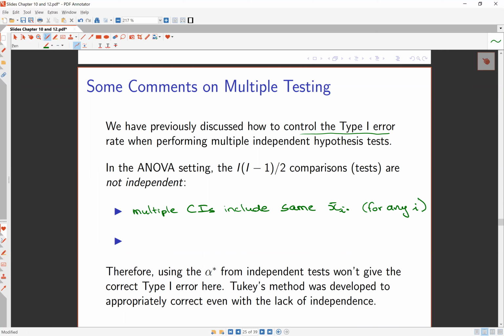So it will show up in a whole bunch of these confidence intervals. And also, all of them are based on the same mean square error quantity. So they all share the same MSE quantity. Many of them share the same group averages, and so independence cannot be assumed. We can't make an adjustment to the alpha level just assuming independence.